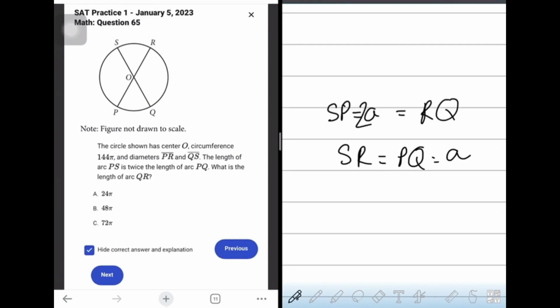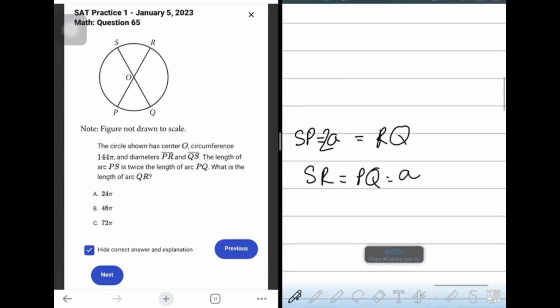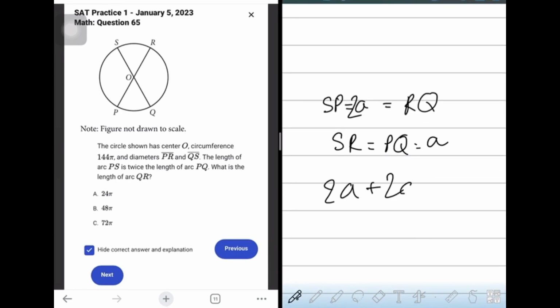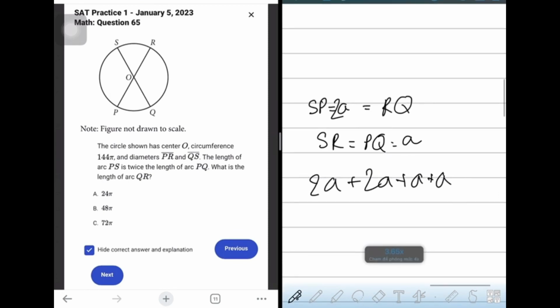Then 2A plus 2A plus A plus A equals 144 pi, and then we will find A. We take 144 pi and divide by 2 plus 2 plus 1 plus 1, which is 6. So we have A equals 24 pi.